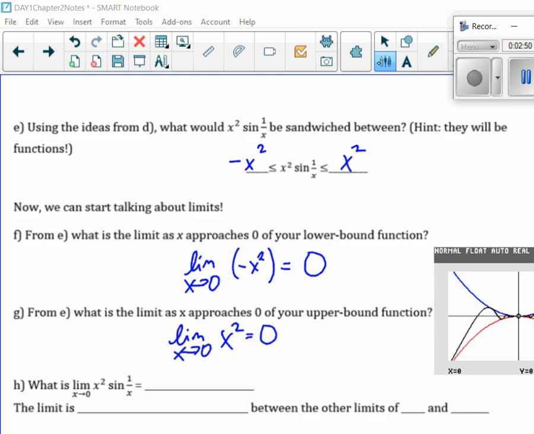So when we're doing the limit as x goes to 0, if it's sandwiched between those two, that means this equals 0. The limit is squeezed, or you can say sandwiched, between the other limits of -x squared and x squared.